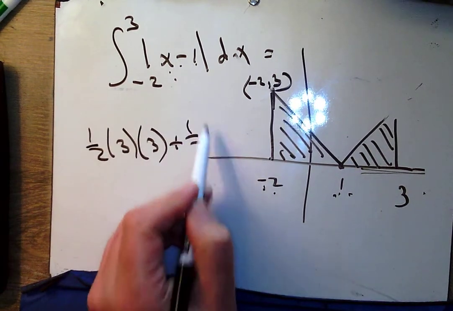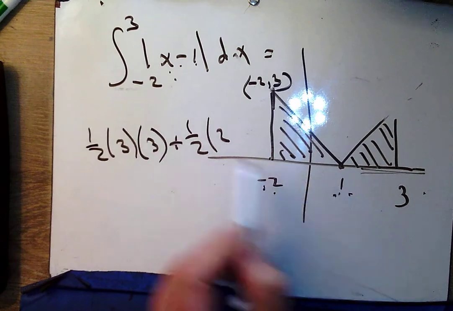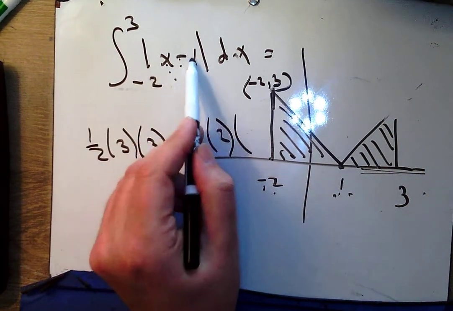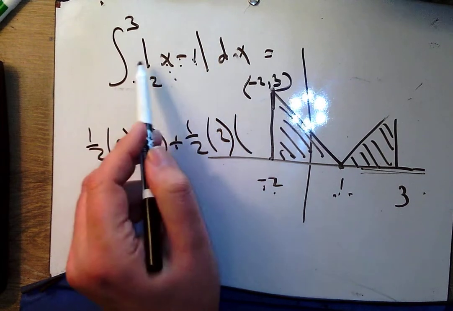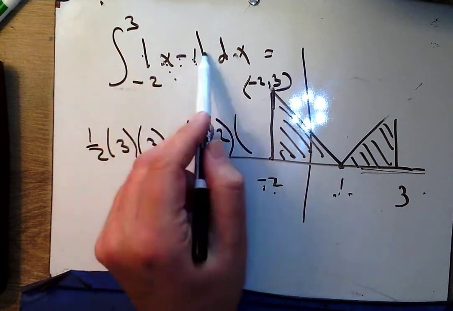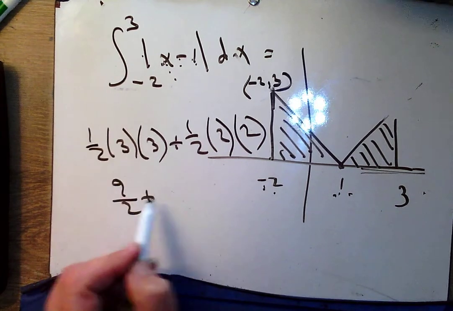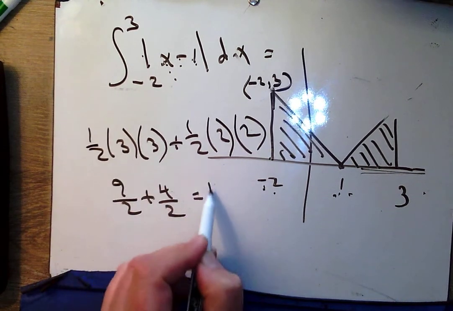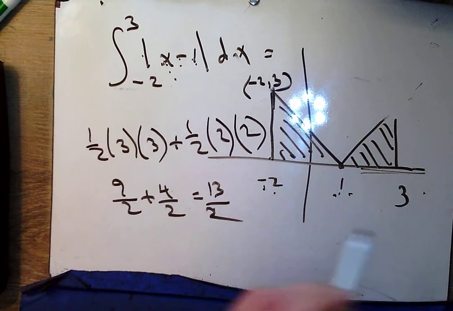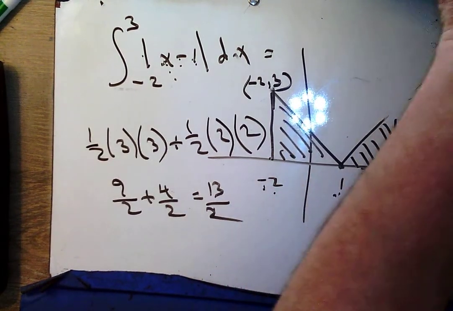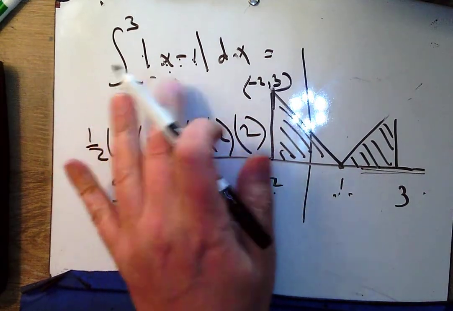Well, 1/2 times 2. 3 minus 1 is 2 times, what's the height at 3? 3 minus 2 is 1, is 2. Absolute value of 2 is 2. All right, so I get 9/2 plus 4/2 is 13/2. And that's the value of that integral. Don't forget to appeal to the geometry of the situation.